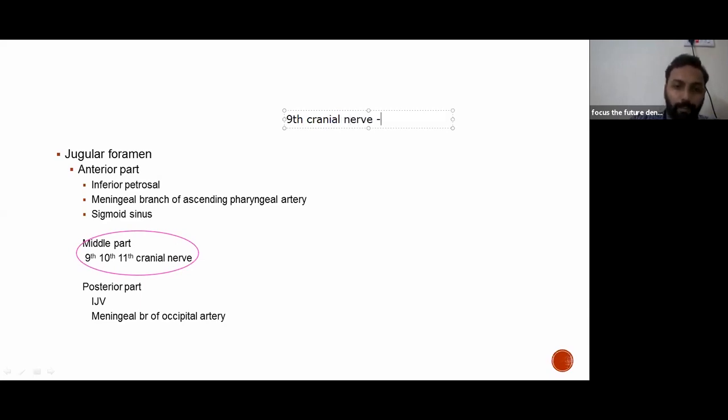Now, as the name says, it travels to the tongue and some part of vagus. Now, what is the 10th cranial nerve? Yes, many of you have answered already. It is the vagus. And 11th is the accessory nerve.